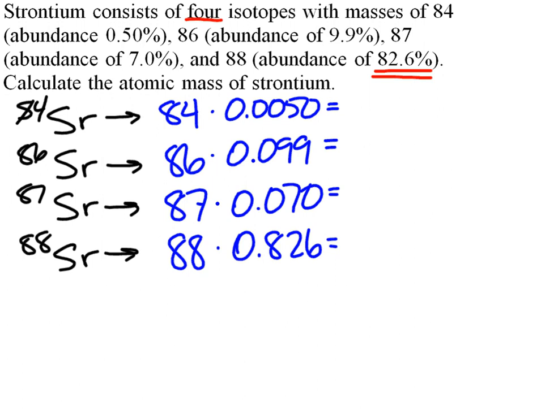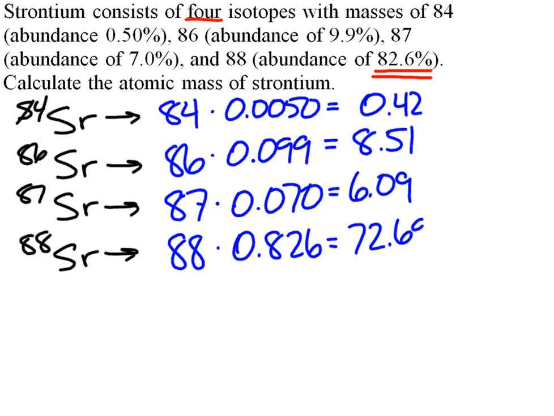So I'm going to do the math real quick. The first product is going to be 0.42. The next one is going to be 8.51. Then 87 times 0.070 is 6.09. And lastly, 88 times 0.826 should be 72.69. As you notice, I'm not paying attention to sig figs here; all I'm doing is rounding to the hundredths place.